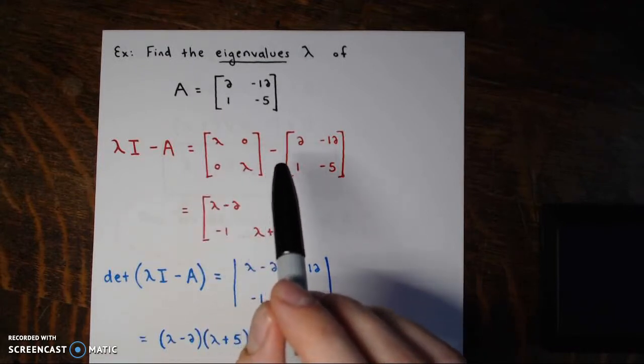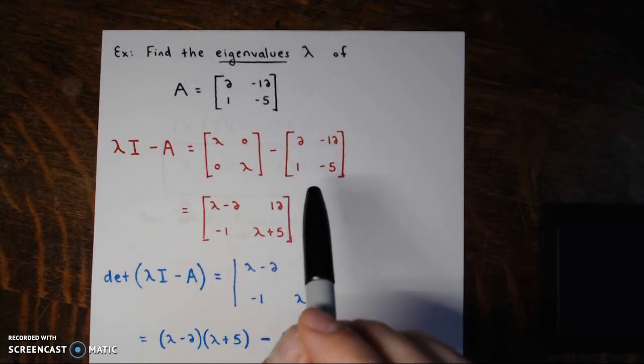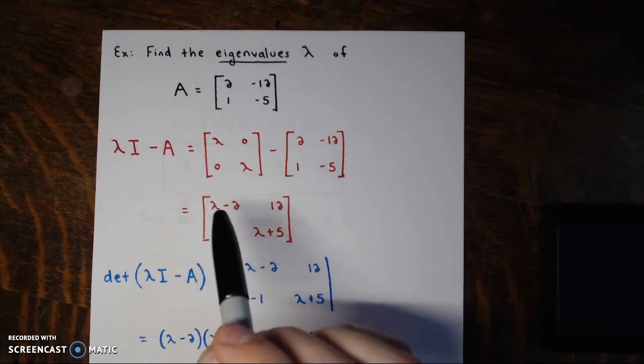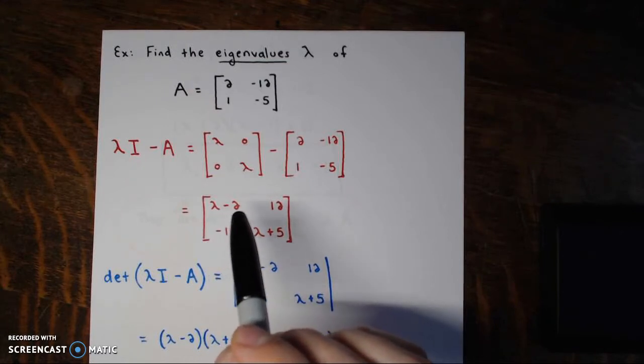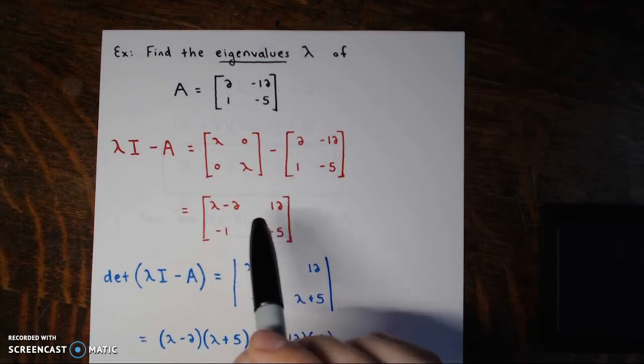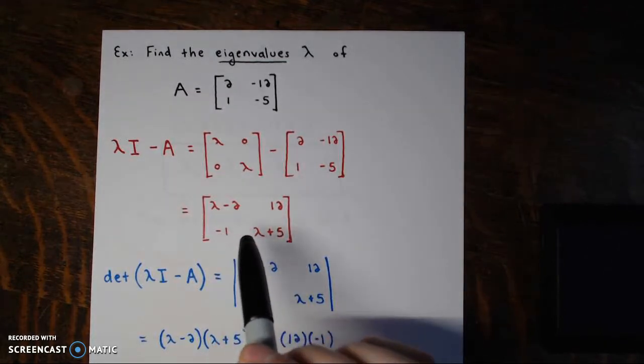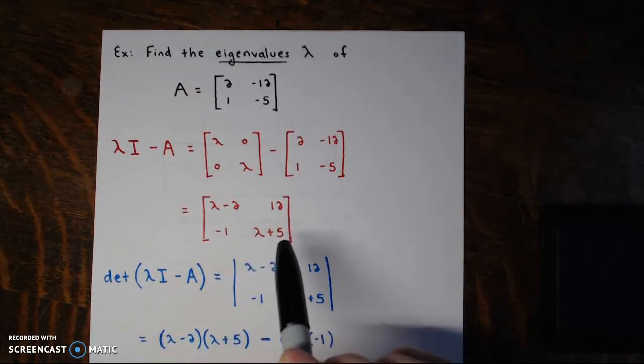Alright, then from this we're subtracting A. Subtract the corresponding entries. So you have lambda minus 2, first row, first column, 12, negative 1, and lambda plus 5.